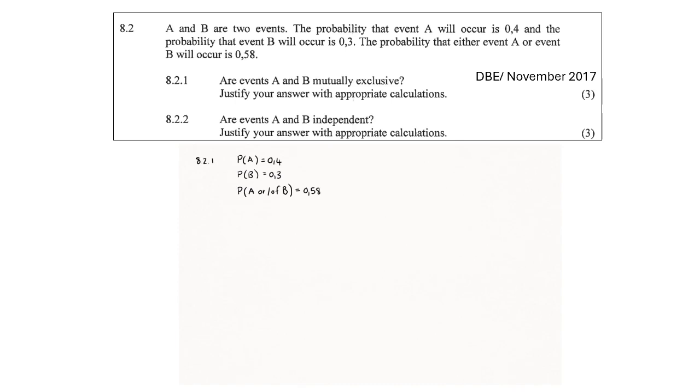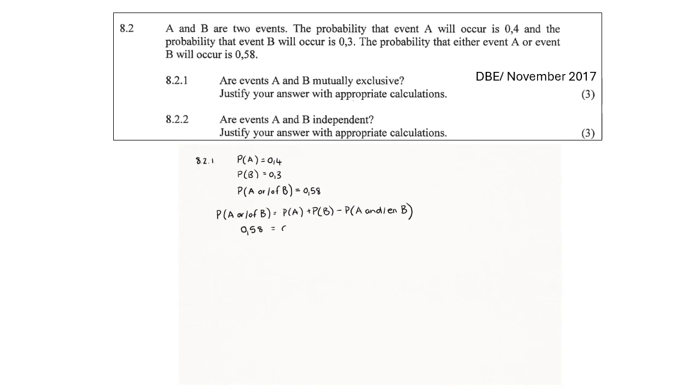So let's determine the probability of A and B and see whether it's equal to 0. To determine the probability of A and B, we are going to use the following principle that says that the probability of A or B is equal to the probability of A plus the probability of B minus the probability of A and B. We know that the probability of A or B is equal to 0.58.